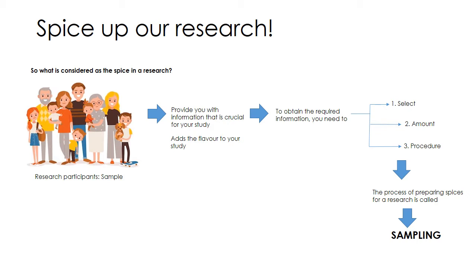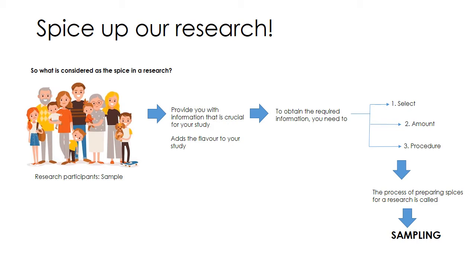So in order to obtain the proper flavor for the study, or the crucial information for your study, you need to select your participants correctly, with the right number of participants and the proper procedure in selecting them, to get the right information for your study.